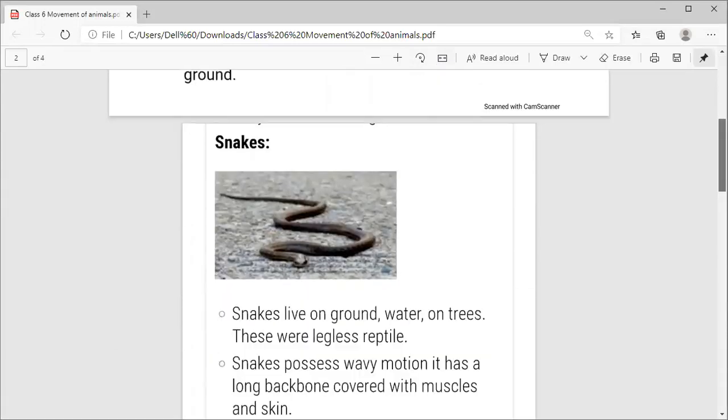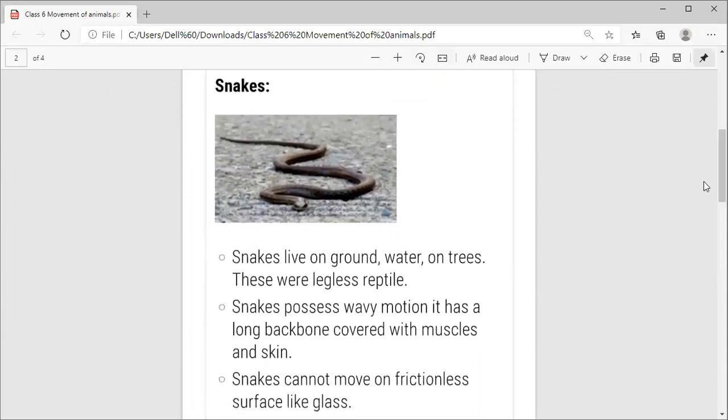So first of all, let's see how a snake moves. Snake lives on ground, in water, on trees. These are legless reptiles.